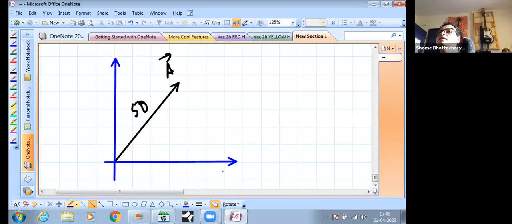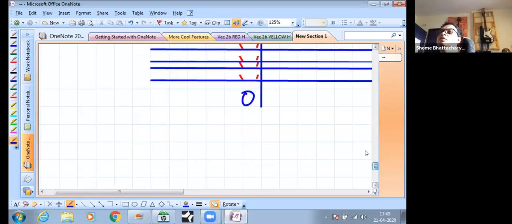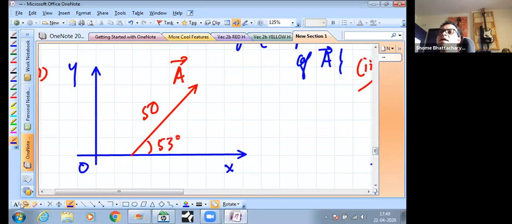It makes no difference to the vector A. You're understanding my point here. So even though in the diagram I have not drawn the vector A from the origin, if I just pick up this vector and without changing anything, I move it around somewhere else, it makes no difference to the vector. So this is still the same vector A. Just because I shifted it from here to here, it makes no difference to it.